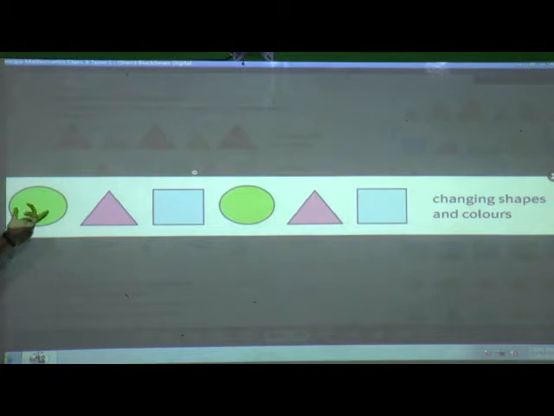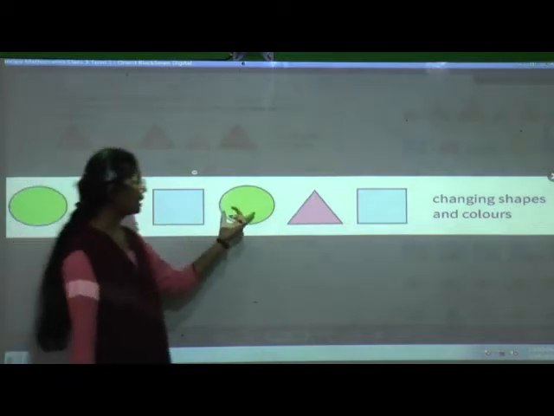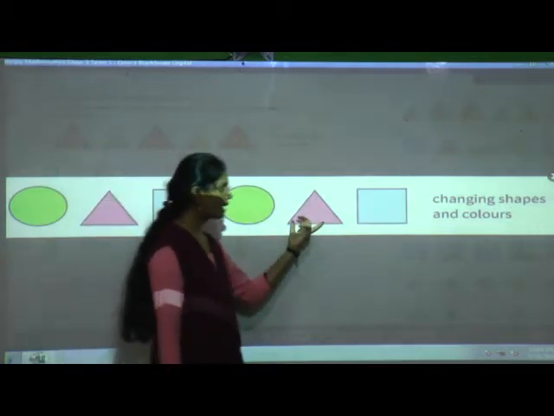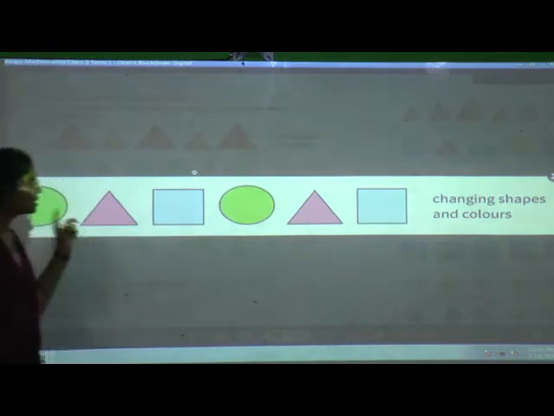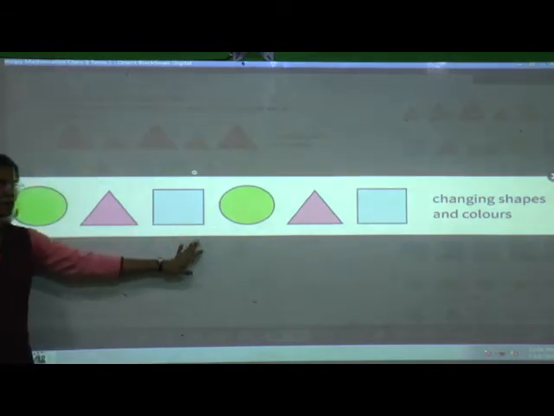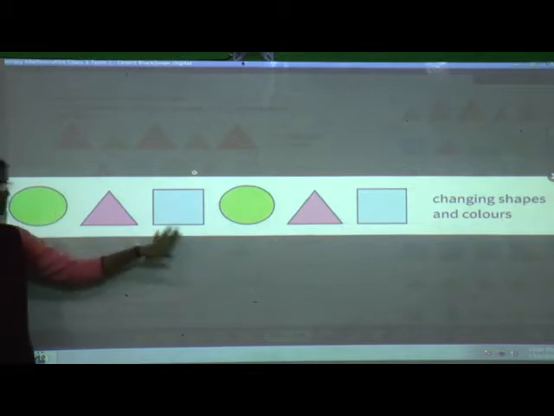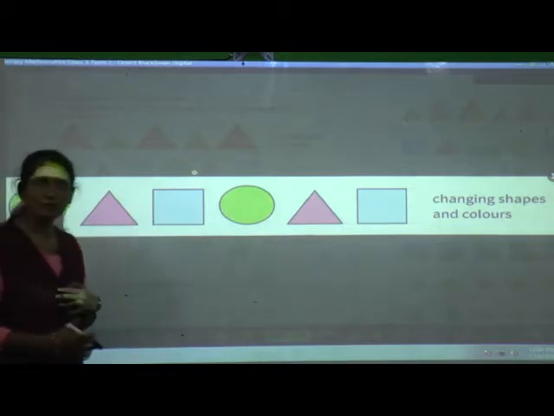Yes, it is yellow, then pink, and this is blue. Again a yellow circle, pink triangle, blue square. Means here by changing shapes and colors we can see the different colors also, and we can see the different shapes also, but they have arranged in a specific way.